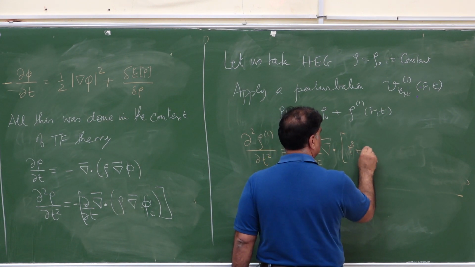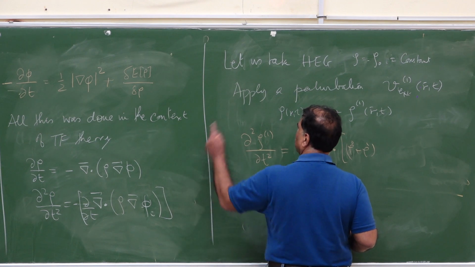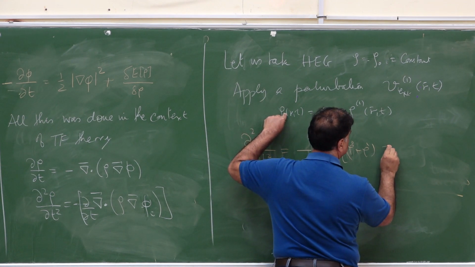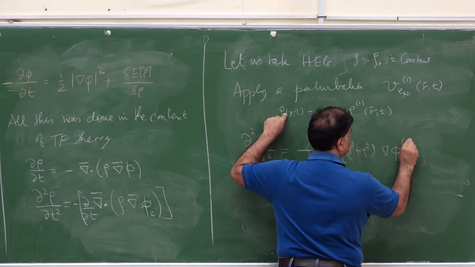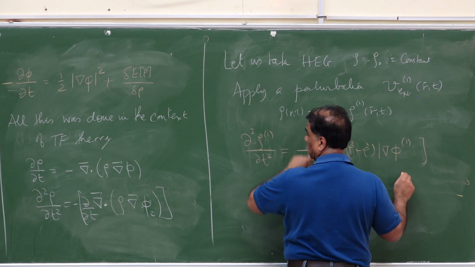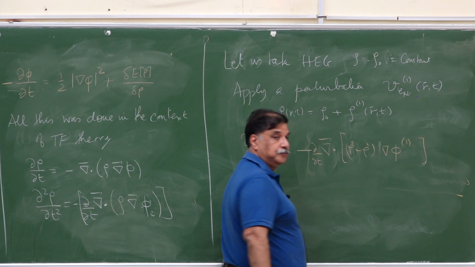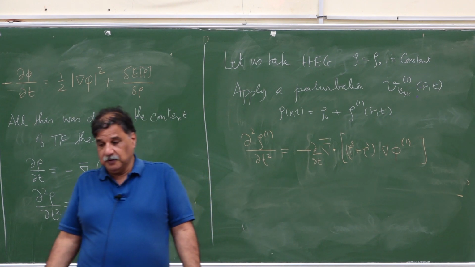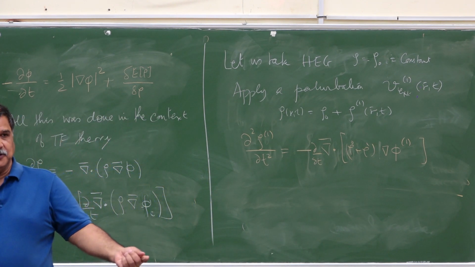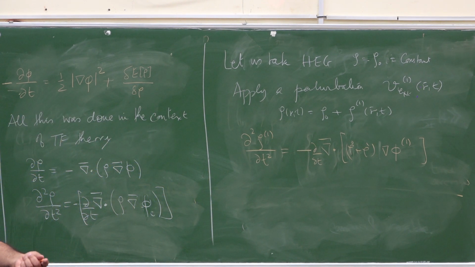Rho 0 plus rho 1. Only when you apply a time dependent potential do you get phi. So phi is first order. Because if there is no time dependence, phi is 0. Phi was introduced precisely for doing so.